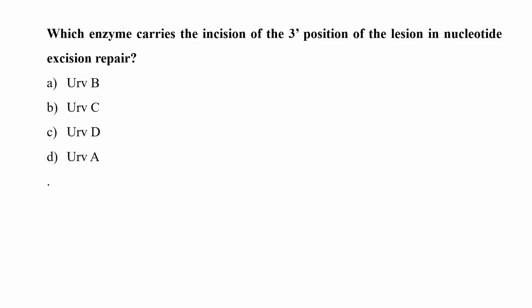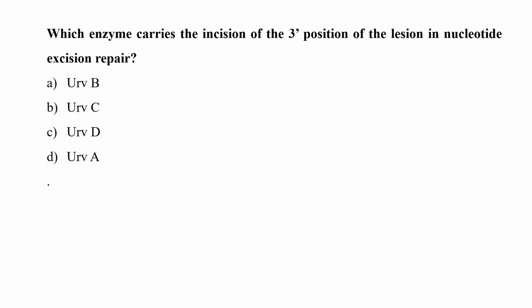Which enzyme carries out the incision at the 3' position of the lesion in nucleotide excision repair? UvrB, UvrC, UvrD, or UvrA? Nucleotide excision repair is a kind of DNA repair mechanism against damage caused by chemicals like intercalators, radiation, or even mutagens. UvrABC is a multi-enzyme complex associated with DNA repair, and it removes a 12 nucleotide patch from the mutation site, which is later replaced by DNA polymerase by adding the correct nucleotides.